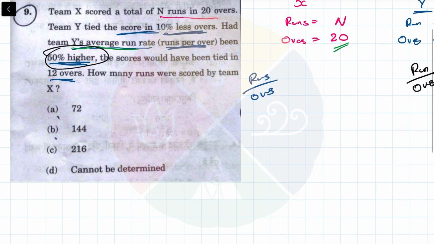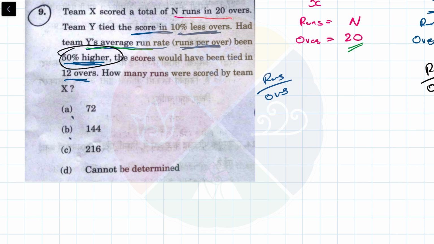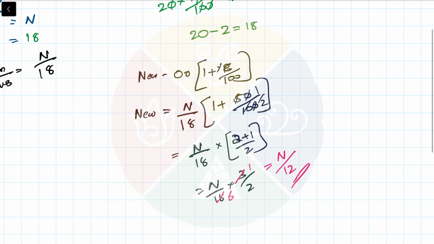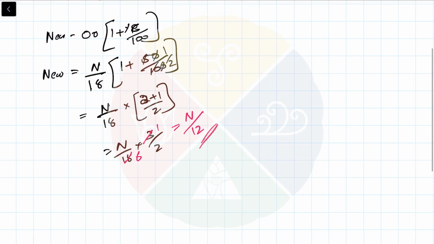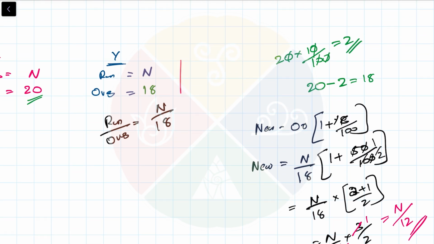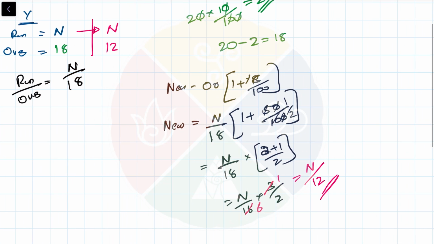So they are saying that if the new run rate was 50% higher, that means if the new run rate was n by 12, the scores would have been tied in 12 overs. How many runs were scored by the team? See, now they are saying that again they would have got the same n runs within 12 overs if the run rate had been 50% higher.